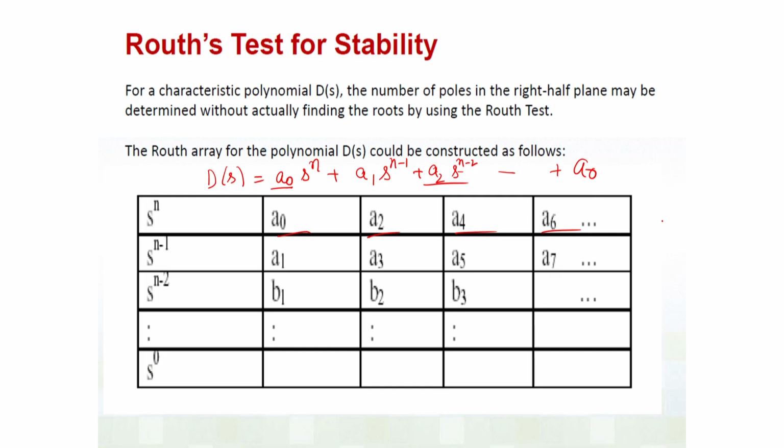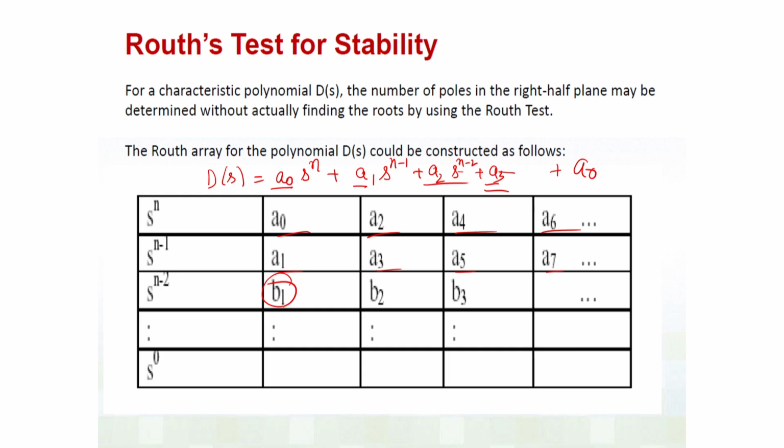The s to the power n minus 1 row will be a1 and then a3, alternate terms, and so on. You are going to hit the next row, s to the power n minus 2, which has a b1 coefficient that can be constructed out of these a0, a2, a1 and a3, etc.